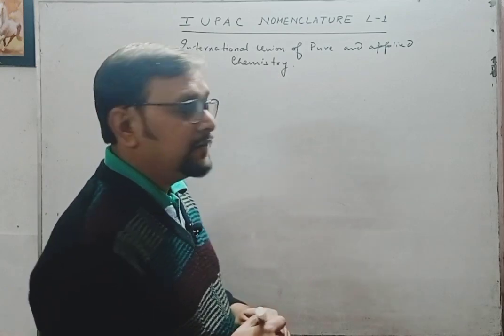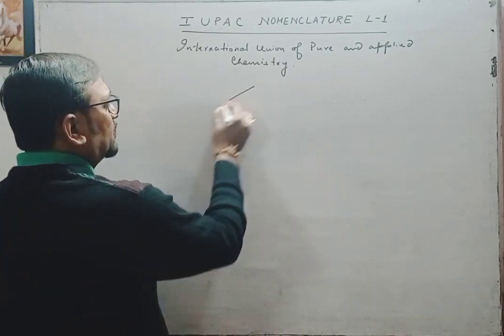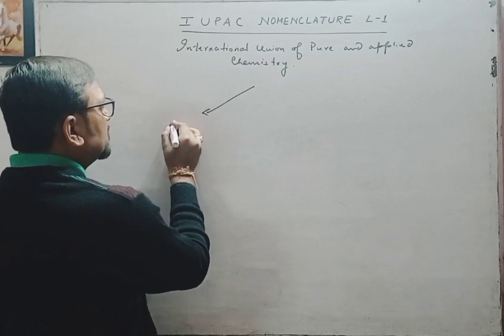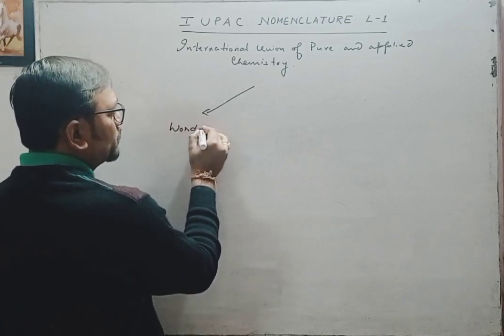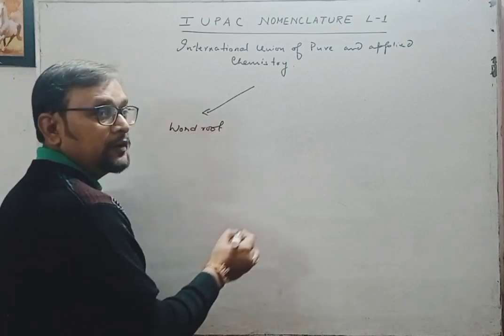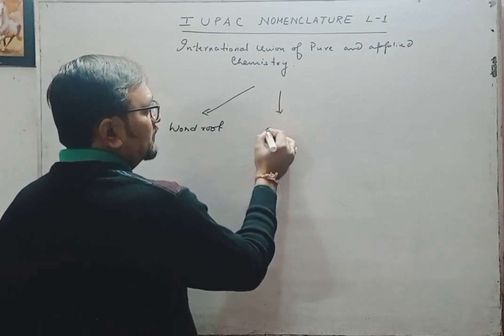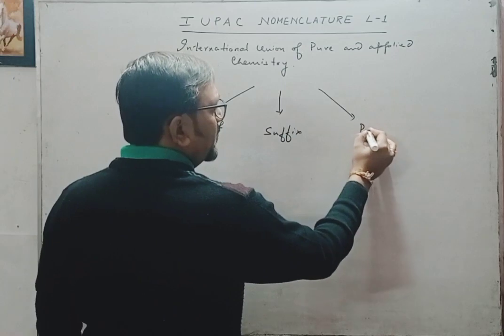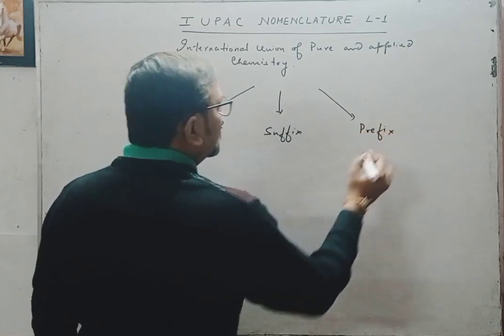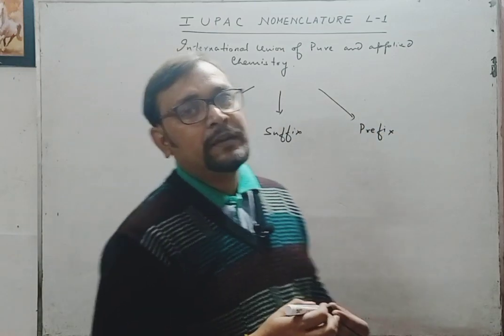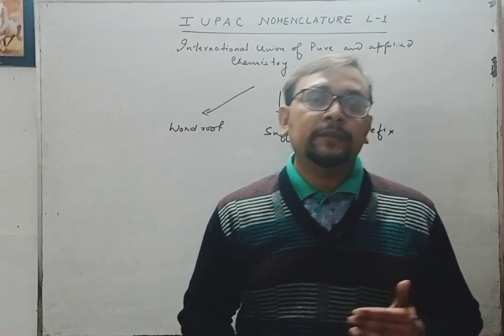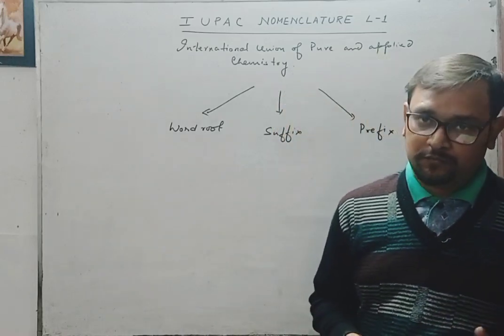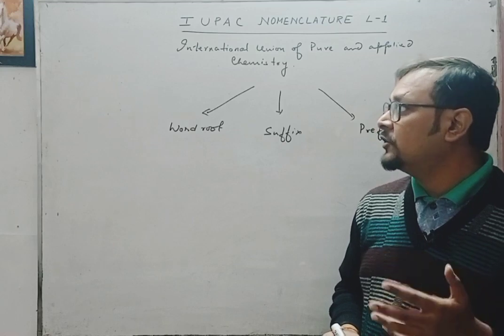IUPAC nomenclature has three basic components. The first is the word root. Second is the suffix. Third is the prefix. These are the basic three things required for naming any type of compound in the IUPAC nomenclature.